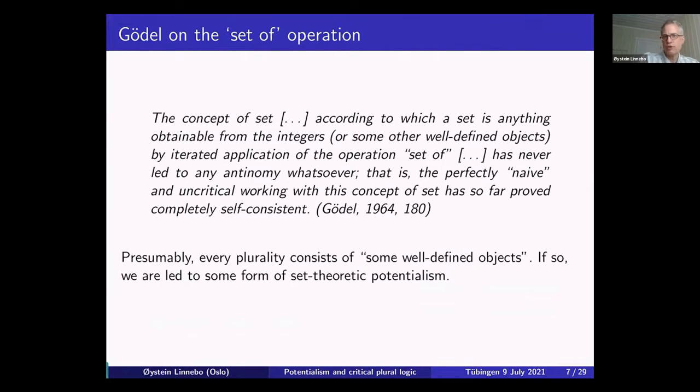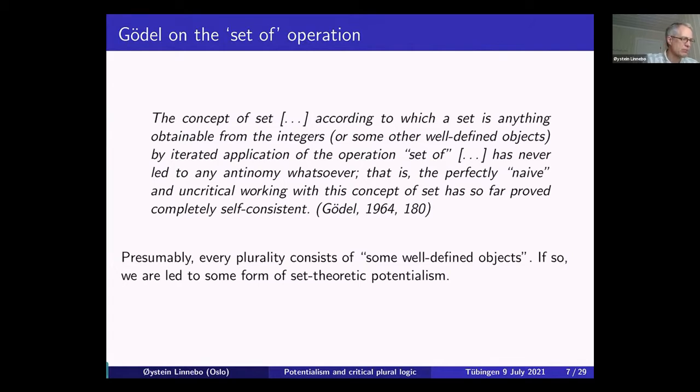And here's the connection with Gödel, which I find interesting. I'm sure you all know this famous passage by Gödel where he lays out, in my view, for the first time ever in a clear way, the iterative conception of sets.